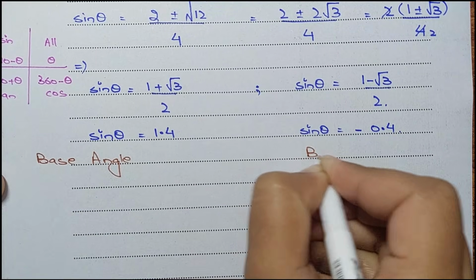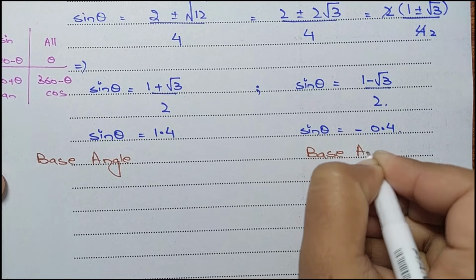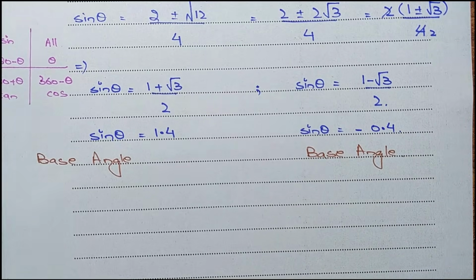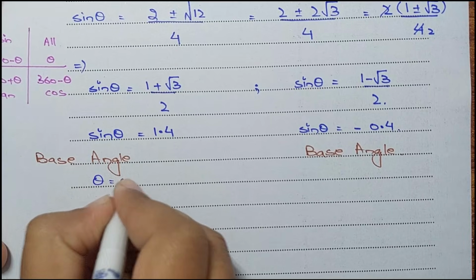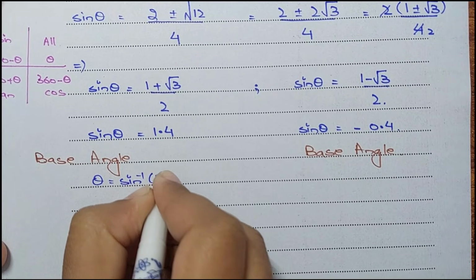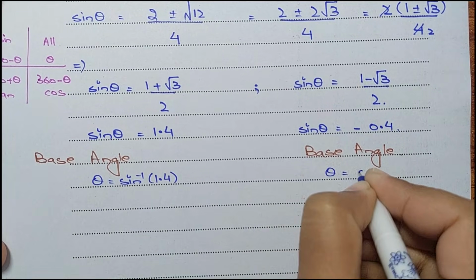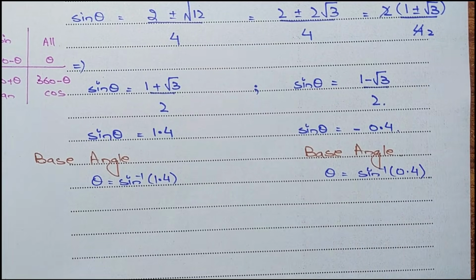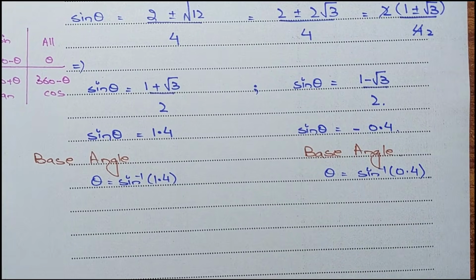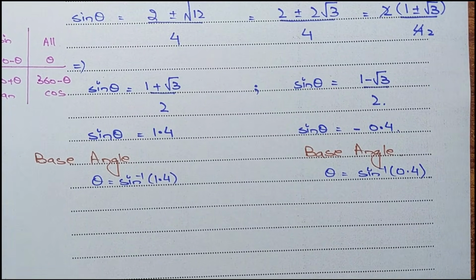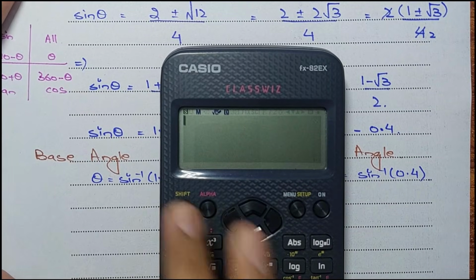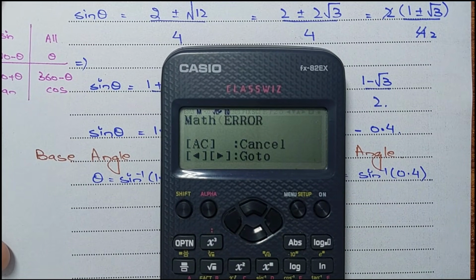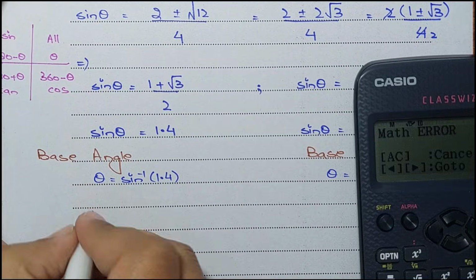The base angle is theta, which is sine inverse of 1.4, and here the base angle is theta, which is sine inverse of 0.4, because when you are dealing with the base angle, you have to consider it positive, even if it is negative. This is in degrees. Sine inverse of 1.4 degrees is not possible.